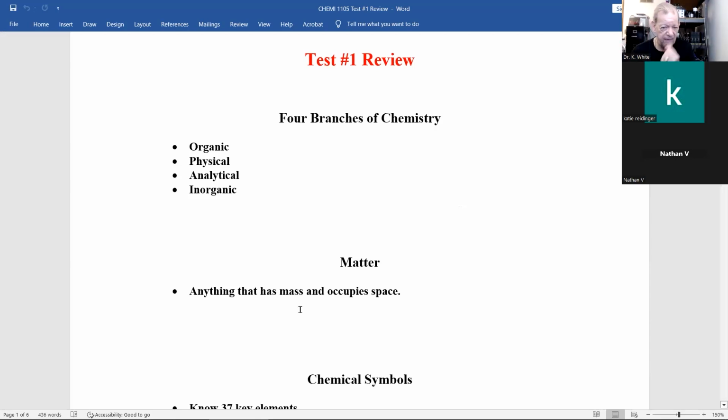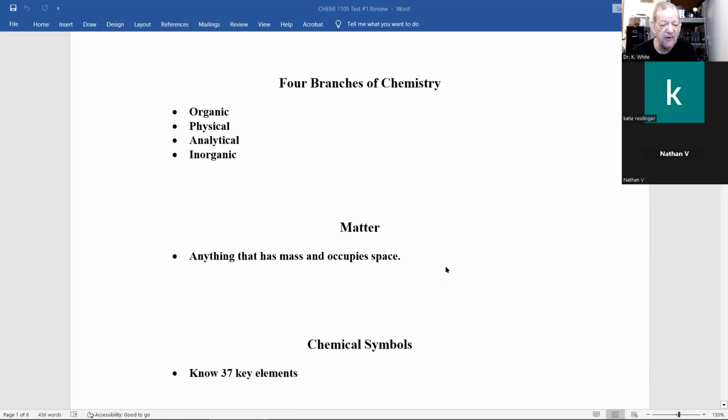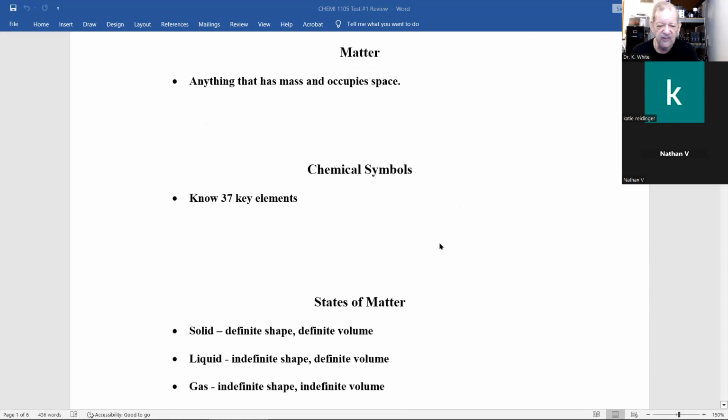All right, next, we have matter. And the question is, what is matter? Matter is anything that occupies space and has mass. Now, I asked you, and you saw in my lecture notes for chapter 1, which are also in Blackboard, that you should know key chemical symbols.